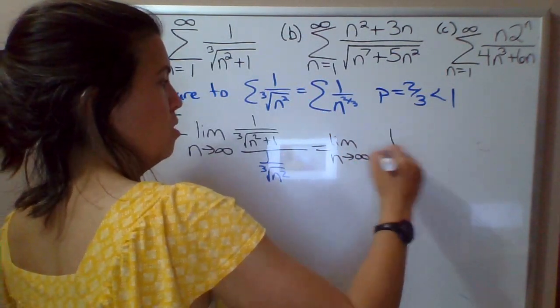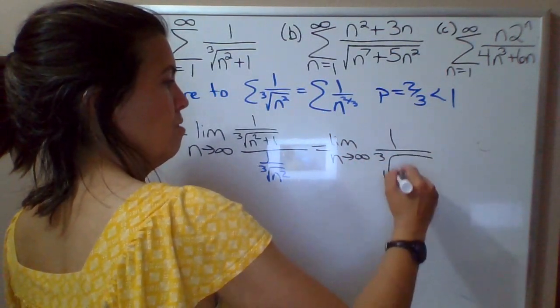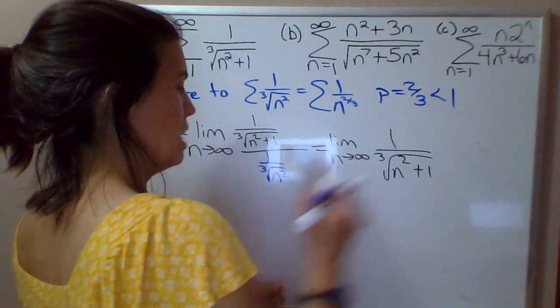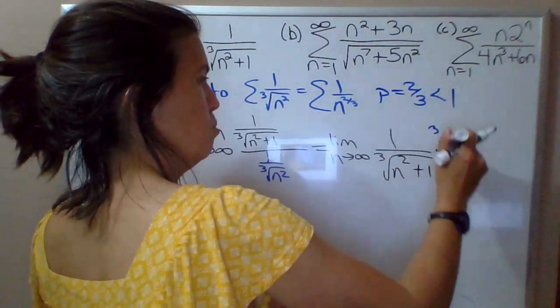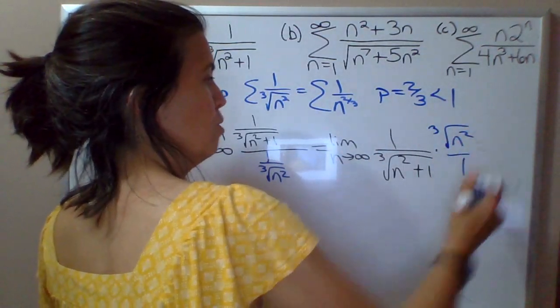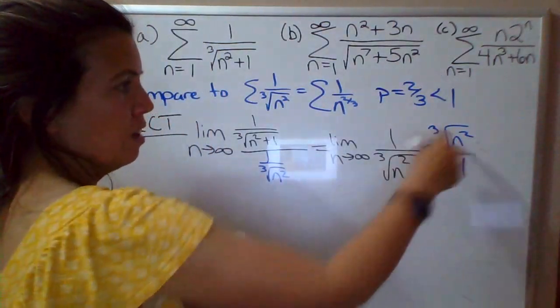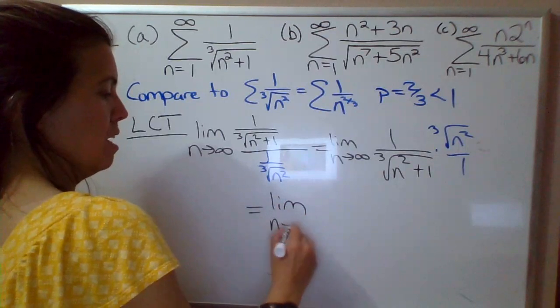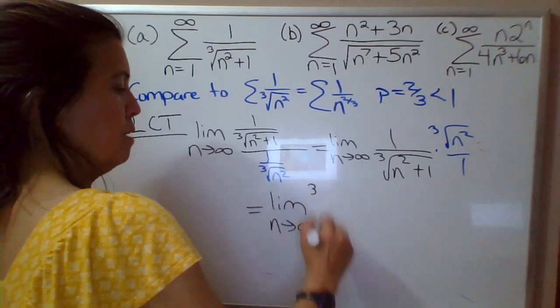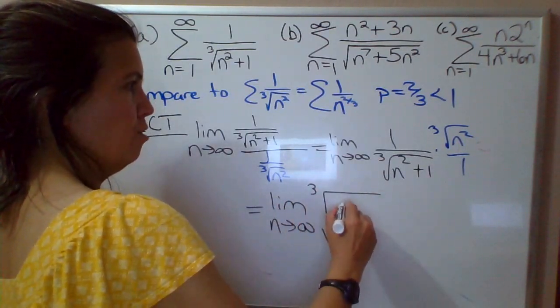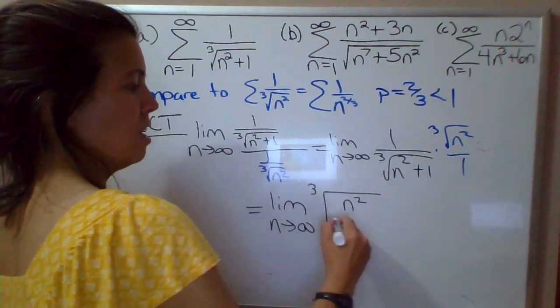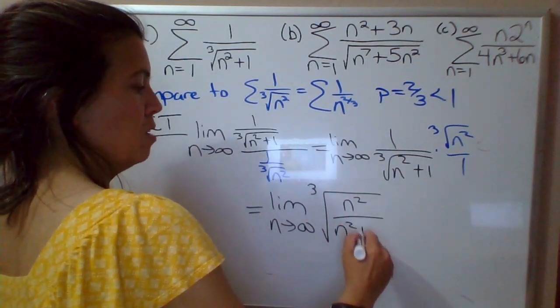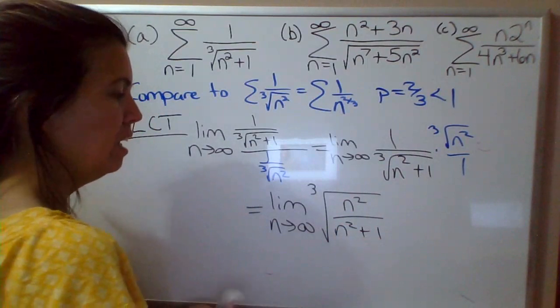So this is 1 over the cube root of n squared plus 1 times the reciprocal, the cube root of n squared over 1. Since I've got a cube root in the top and bottom, I can write that as one big cube root of n squared times 1 on top, and n squared plus 1 times 1 on the bottom.